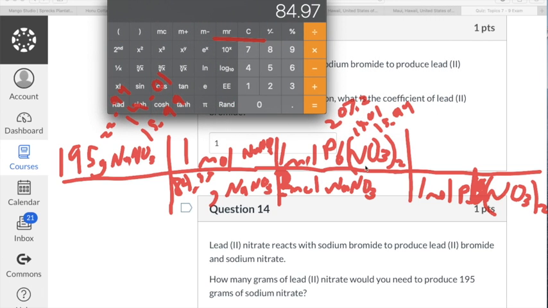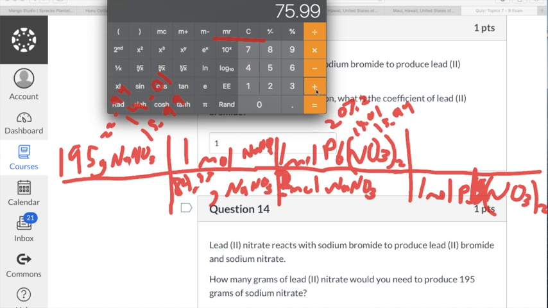So I have 3 oxygens, so I'll do 3 times 15.99 plus 1 nitrogen. This is 14.01. I'm going to multiply all of that by 2, which is 75.99.